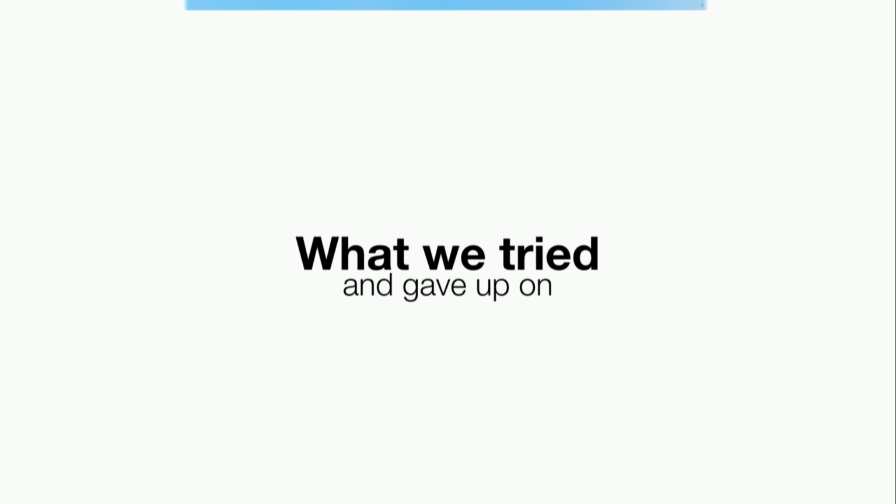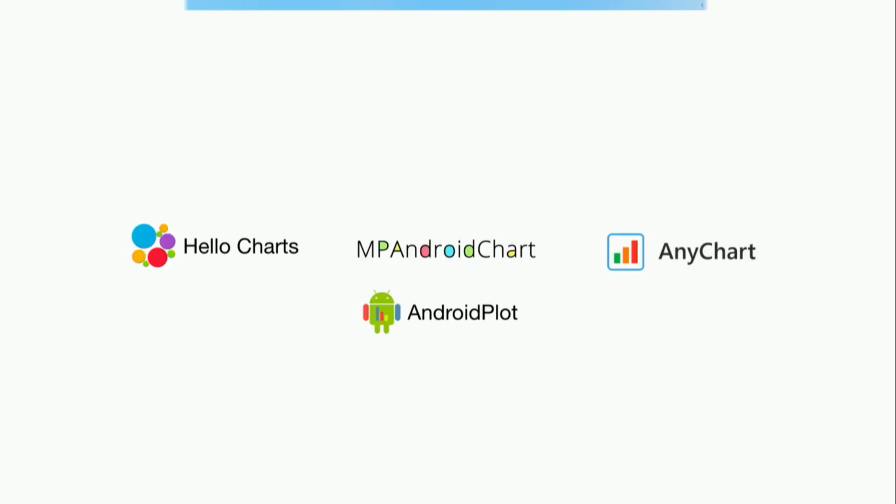So what did we try and what did we give up on? I think we probably tried all open source charting libraries. If you've seen these names, MPAndroidChart, AndroidPlot, HelloCharts, all of these are very popular open source libraries. And we also tried AnyChart, which I think has a paywall.